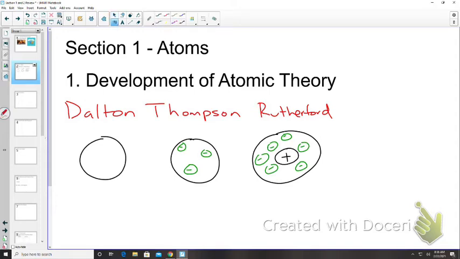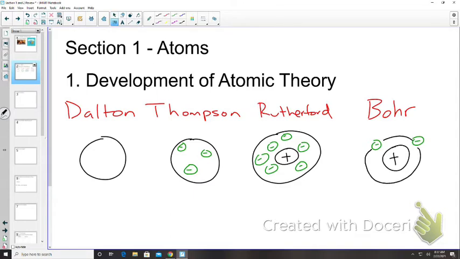And then who is our last dude? Bohr. Bohr is boss. Niels Bohr is awesome. He had a positively charged nucleus, and he also had his electrons in energy levels.